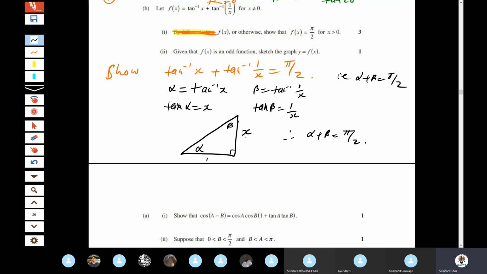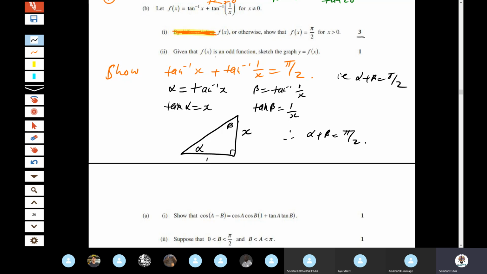That's alpha, opposite over adjacent, and that's beta, opposite over adjacent, 1 on x. Therefore, alpha plus beta must be 90 degrees for this to add up. Very easy 3 marks compared to some of the other 3 marks we've done.